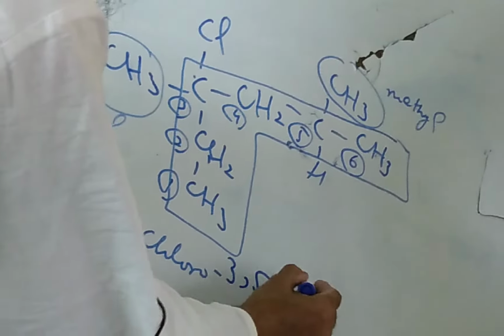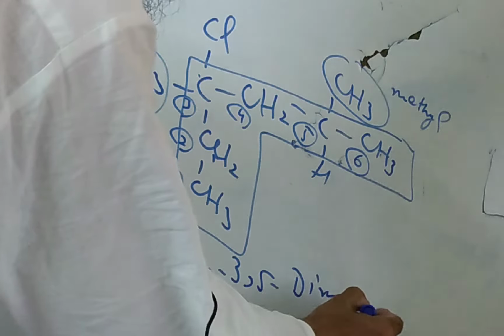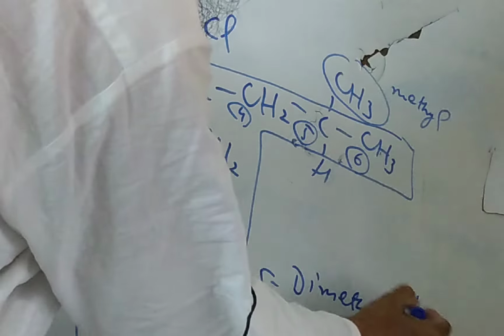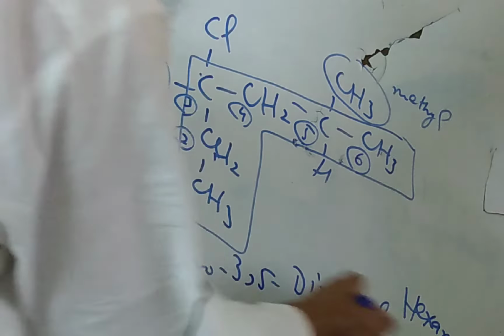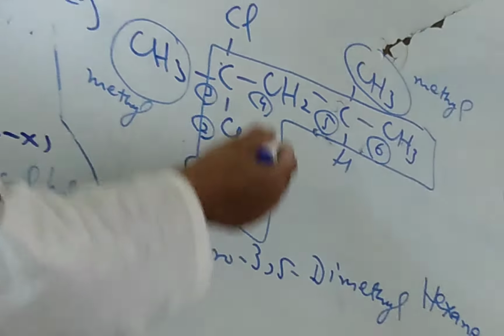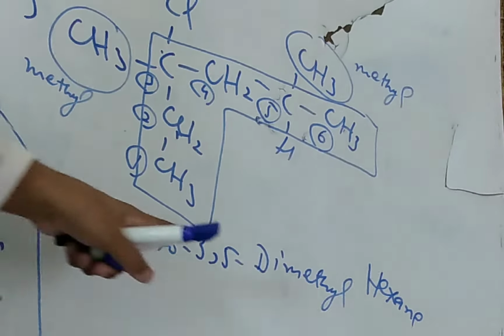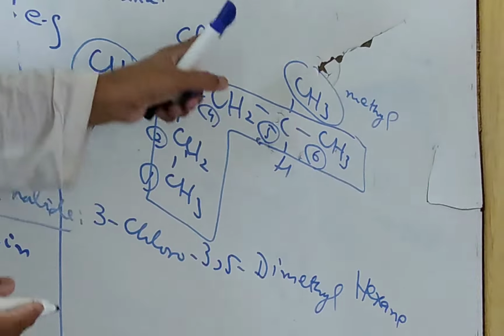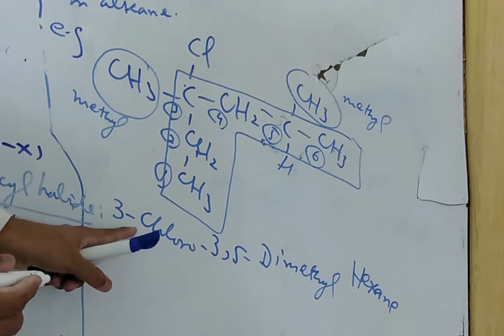So this is the dimethyl, and then 6. 6 is the hexane. So you can see that the name of the parent chain is the same as the alkane family, that is 3,5-dimethyl hexane. So the X should be mentioned first.